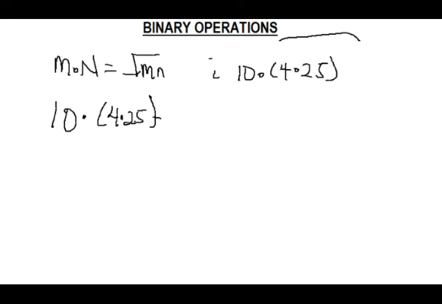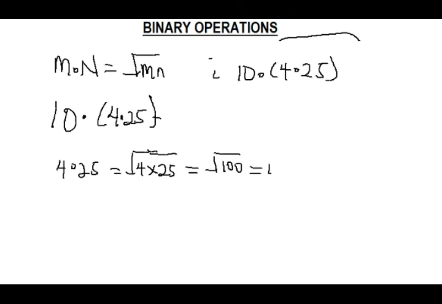Now we are finding only 4 and 25 first. So we are going to get 4 o 25 being equal to the square root of 4 times 25, and that will give us the square root of 100, and that will give us 10. Now we've solved for the n. The n is 10 now. So now that the 4 o 25 has given us 10, we will add it to this first 10 and solve for the final one.